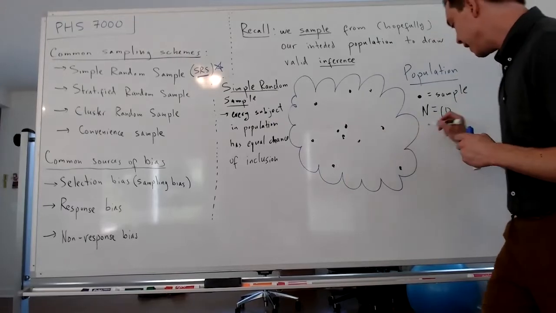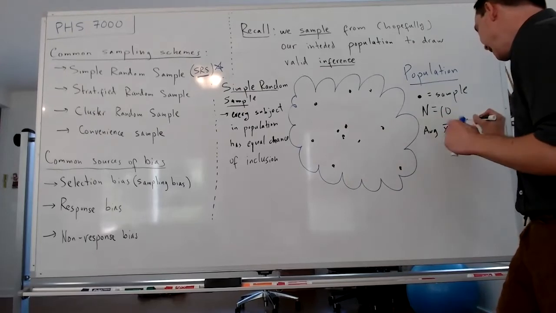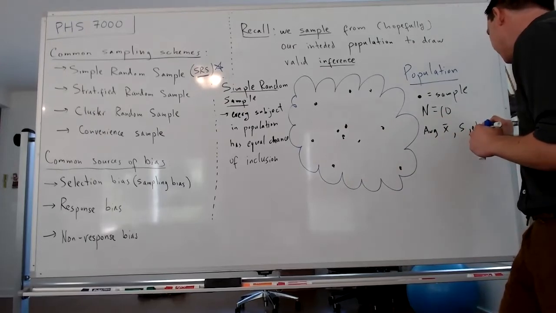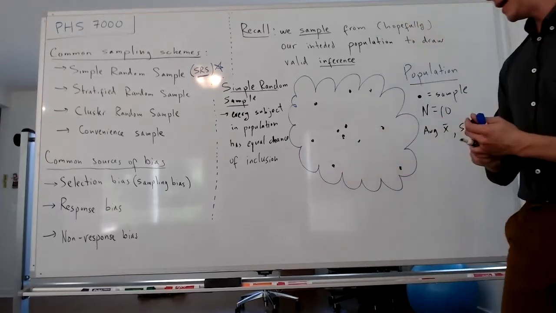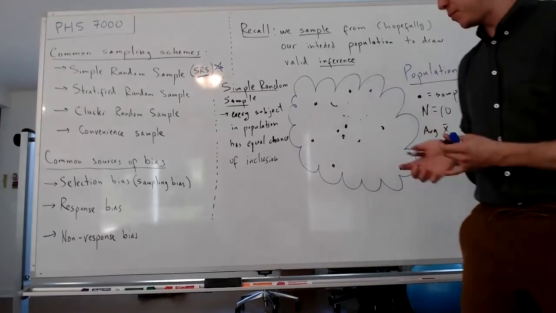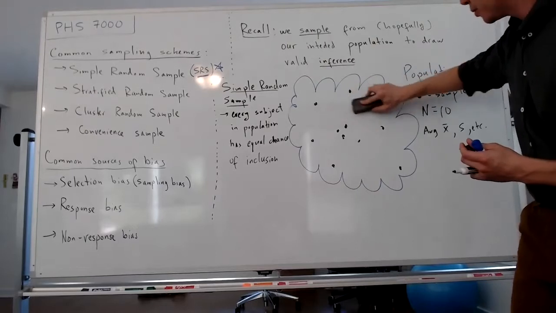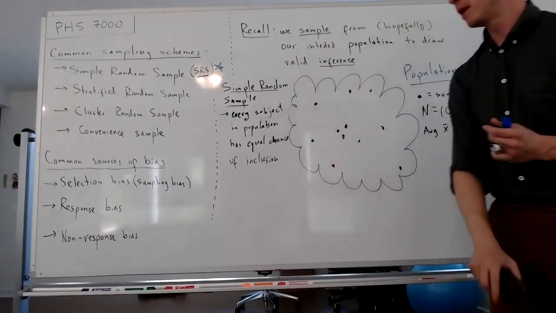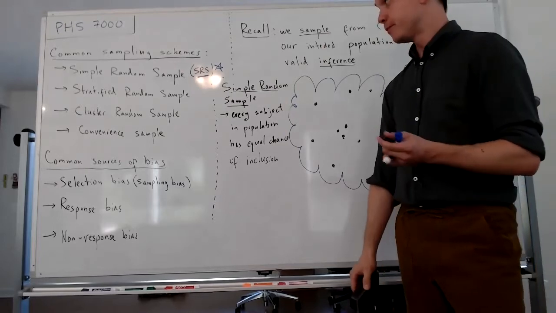It has some average, has some standard deviation S, etc. It's very simple. If I stood here and I just did this, I would randomly sample from my population of interest. Simple random sample. Every subject in the population has an equal chance of being included in our sample.